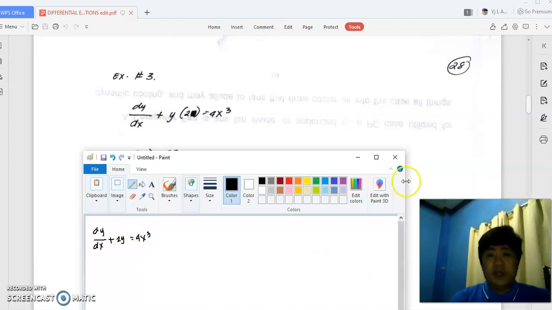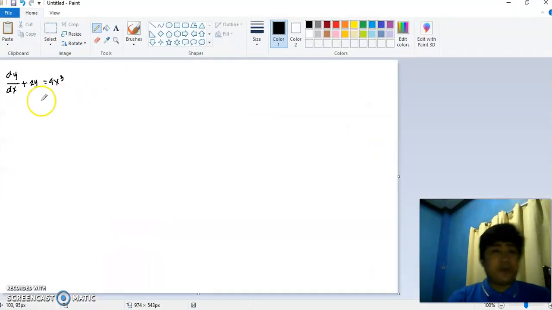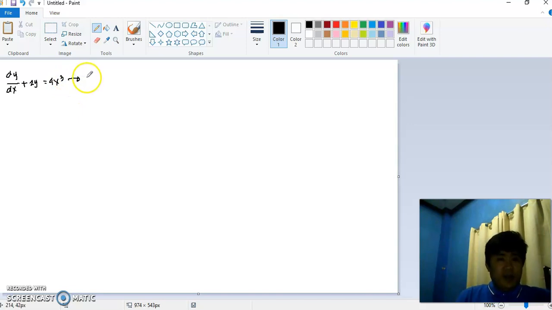Okay, let's say the given is like that. So we know that we will be using linear in y. So this form is the standard form of linear in y.